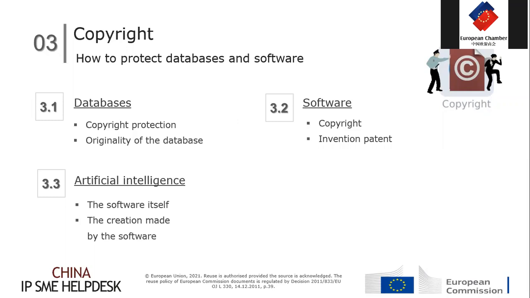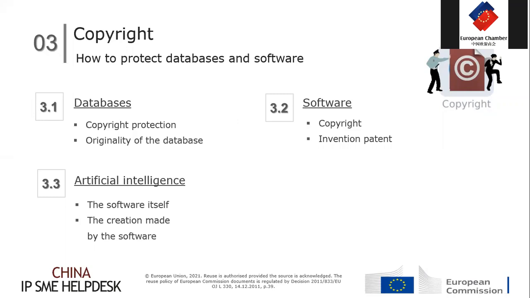If we were talking about, for example, a robot that has artificial intelligence involved, then maybe the robot could be protected with a patent. However, the source code itself will still be protected by copyright.